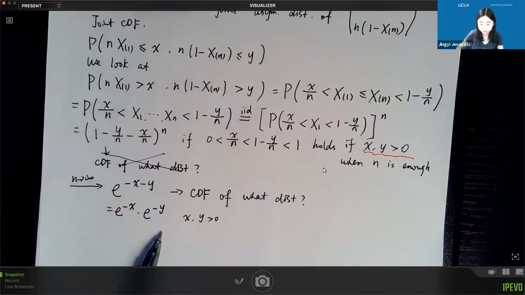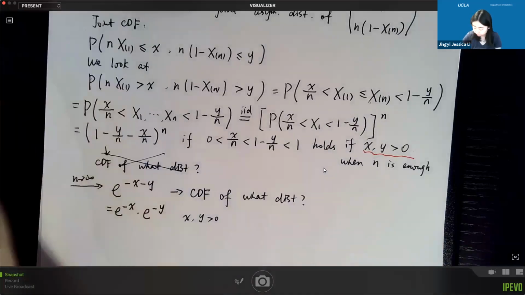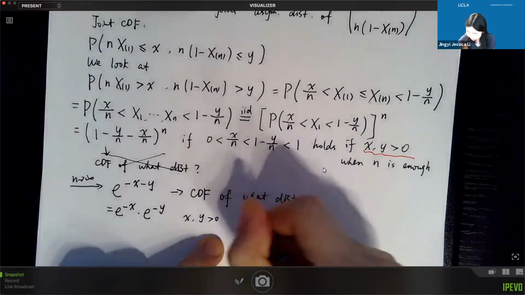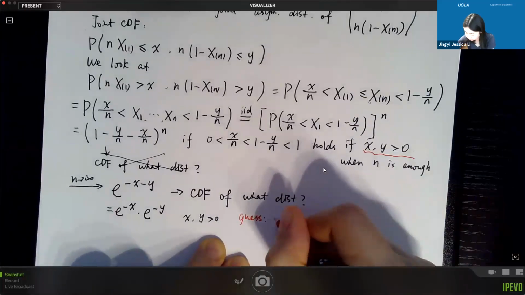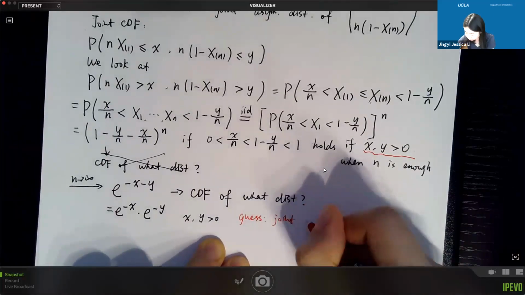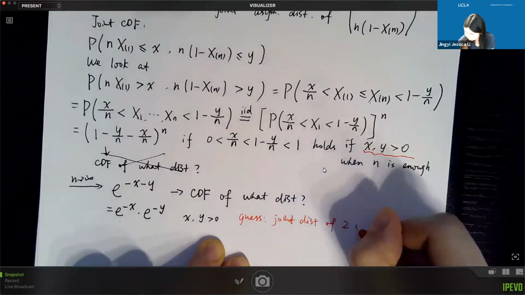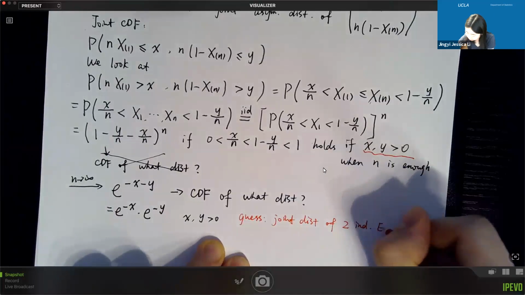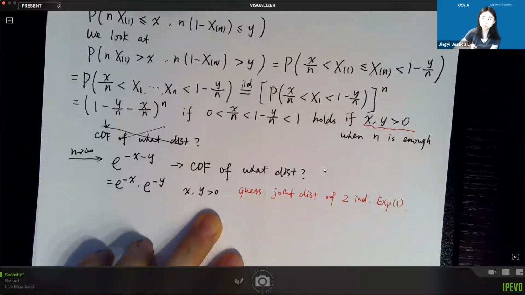That's our guess, and we are going to verify it. My guess is the joint distribution of two independent exponential one. That's my guess, and I'm going to verify it.